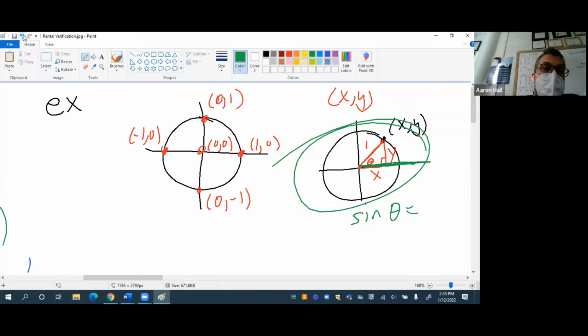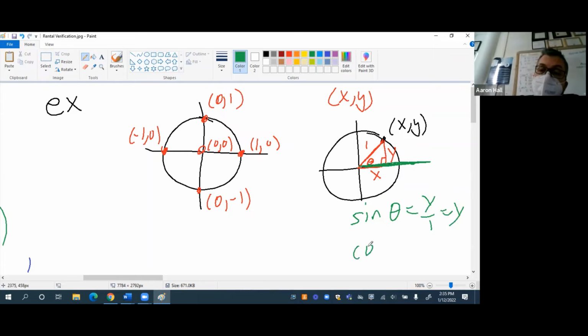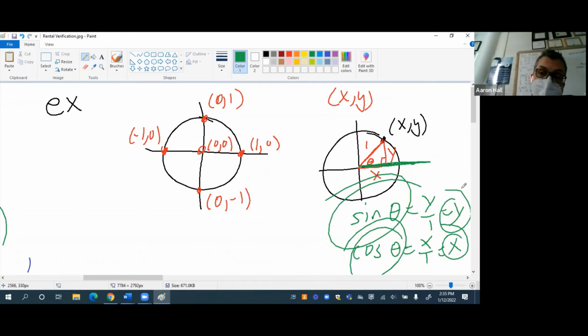Yeah, y over 1, and y over 1 is just y. And cosine by definition is adjacent over hypotenuse, and adjacent over hypotenuse is x over 1, which is x.